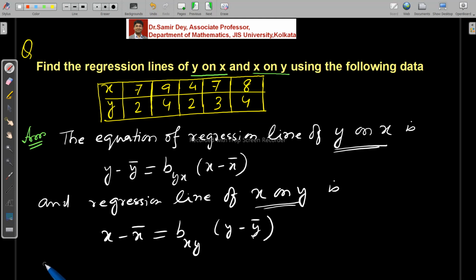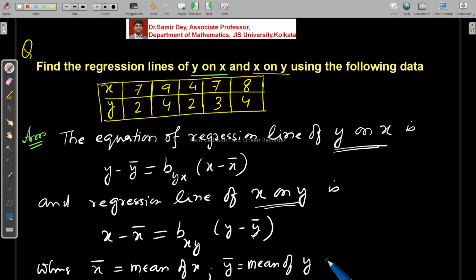So here you may write: what is x bar? x bar is equals to mean of x. What is y bar? y bar is equals to mean of y. Clear? Now what is b_yx?